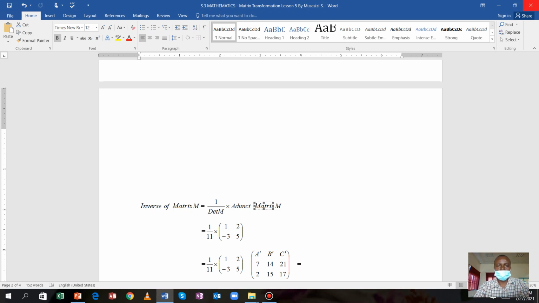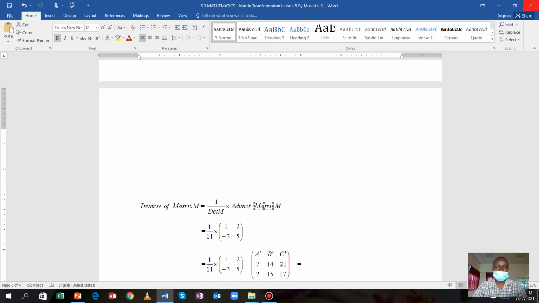But I would like to emphasize that it's not proper to multiply that 1 over 11 into that matrix. It will be a bit difficult because you are going to multiply it by the image points. So it's better to leave it as 1 over 11 times (1, 2; negative 3, 5). Then we multiply it by the image.